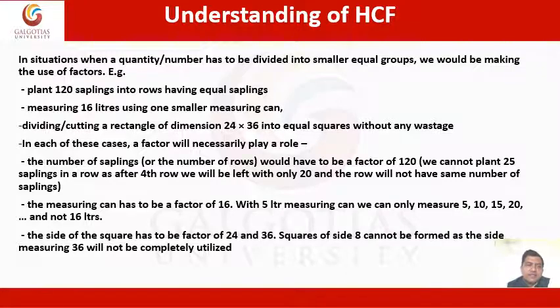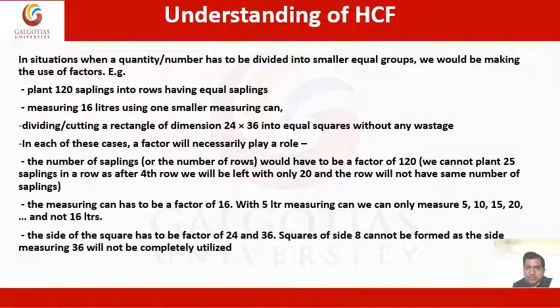Similarly, in the case of planting saplings, I can plant 10 saplings in every row, 20 saplings in every row. What are these numbers? These are nothing but the factors of 120. So any number of saplings I can plant in every row is a factor of 120.